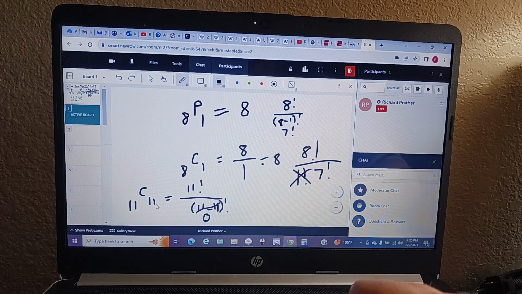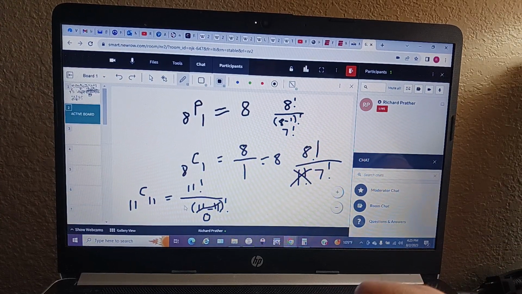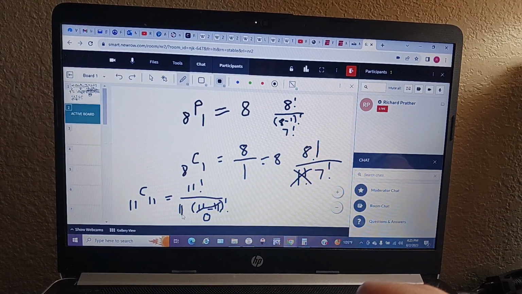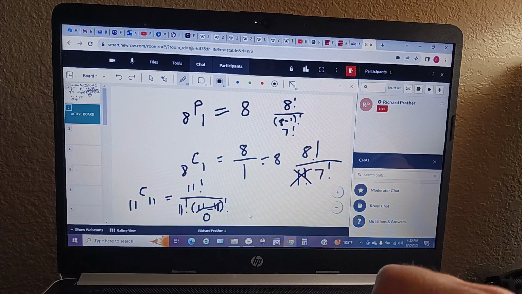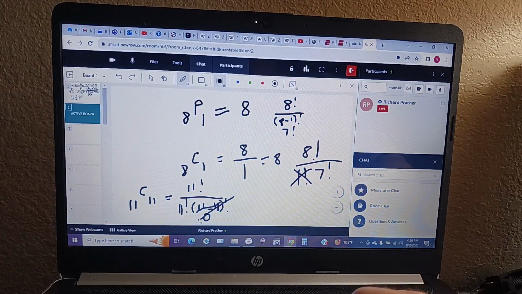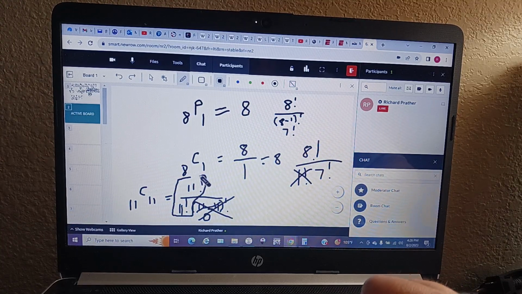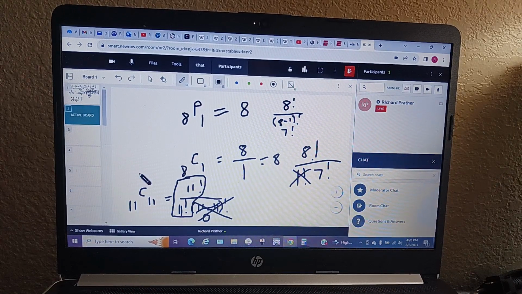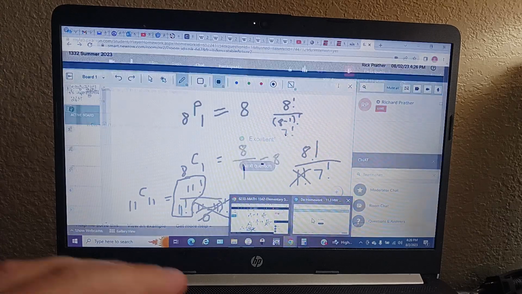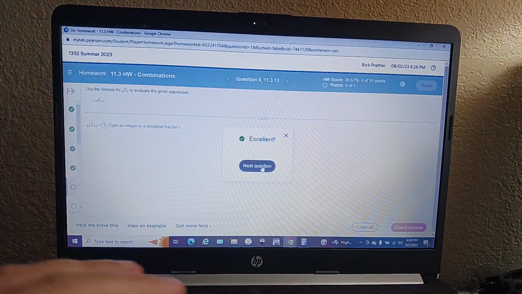But in a combination, there's the back number 11. That also gets a factorial in the bottom. And the 0 factorial doesn't matter if there's other stuff here. So I literally get 11 factorial divided by 11 factorial in a combination when both numbers are the same, and anything divided by itself is 1. So that's another reason why this answer is just automatically 1.